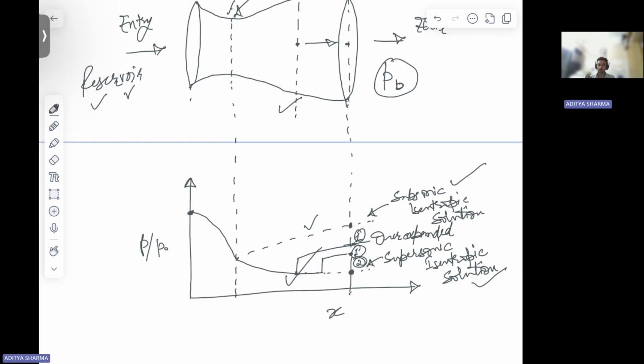So if this pressure is lower than your back pressure, it means that your flow has expanded to its maximum limit and there is no further scope that the flow can further expand. Okay, so this case we call the overexpanded case, right? That has been shown here as number one, right?